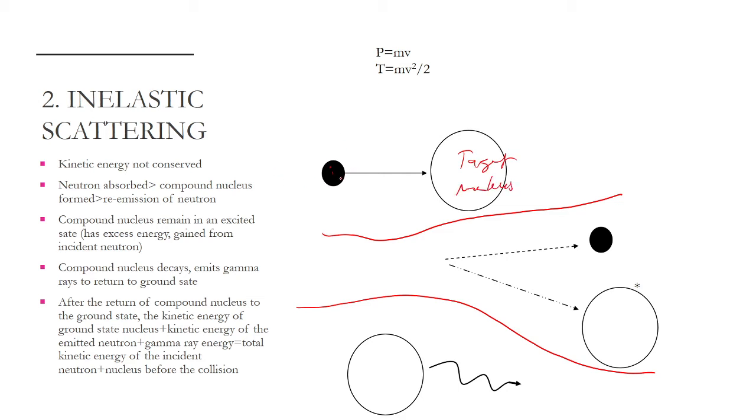Okay, so during the inelastic scattering, the neutron will be absorbed into the target nucleus, and a compound nucleus is formed.